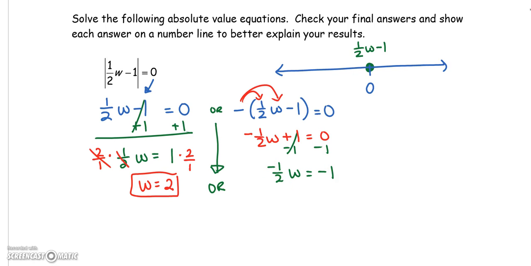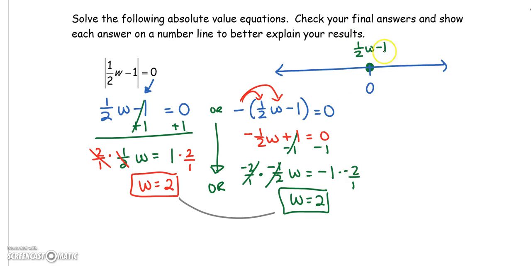And we're going to go ahead and divide or multiply by the reciprocal, which is negative 2 over 1. Negative 2 over 1, these cancel. W equals positive 2.